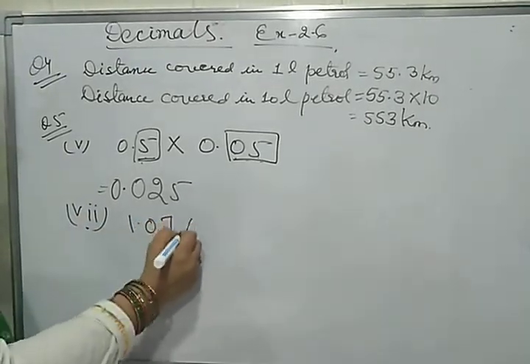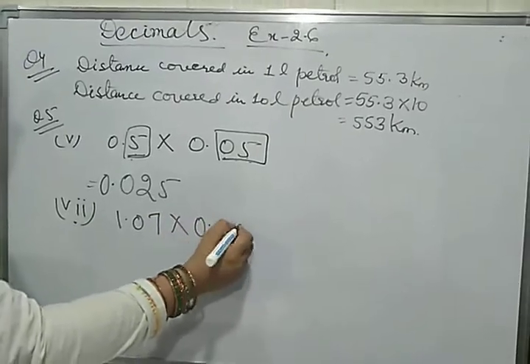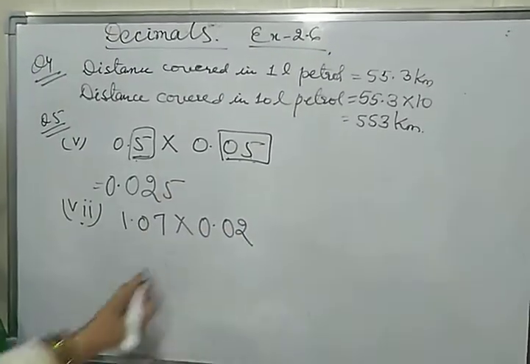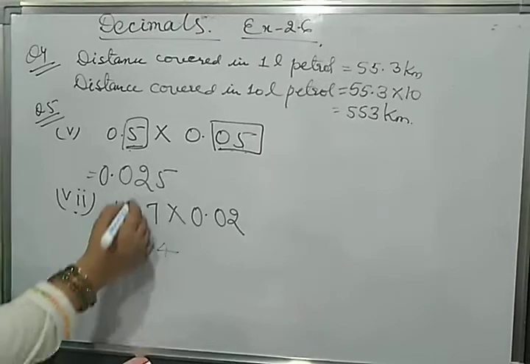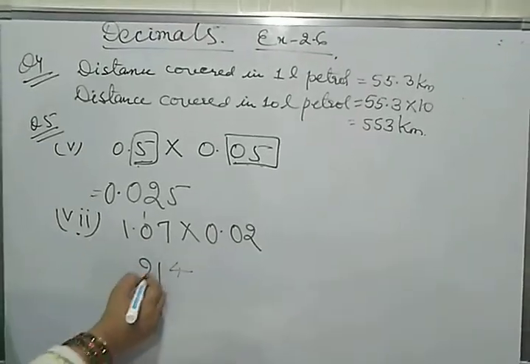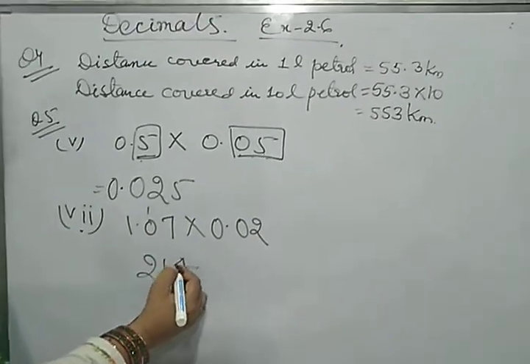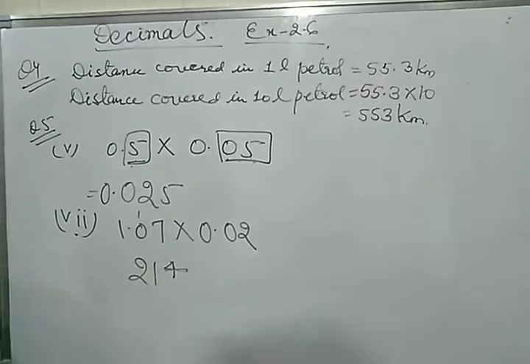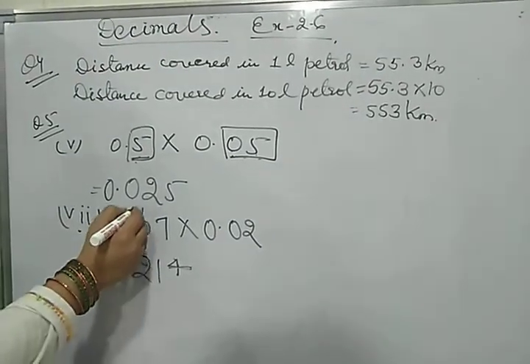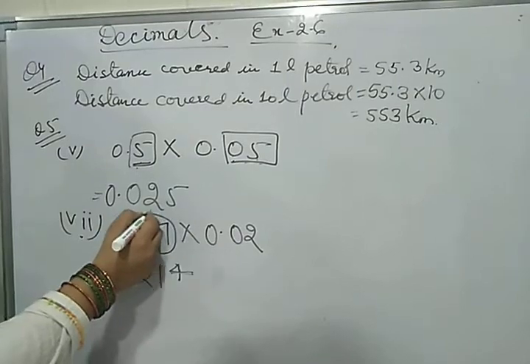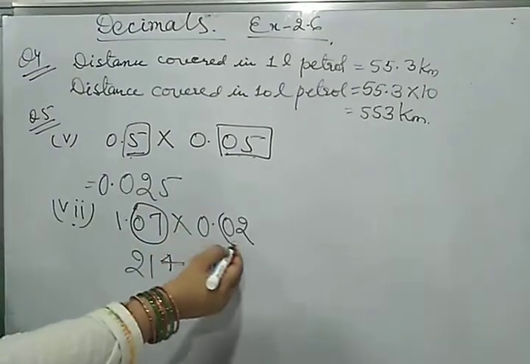Next, 1.07 multiplied by 0.02. 7 2s are 14, 1 carry, 2 1s are 2. 107 multiplied by 2 is 214. Now we will see the number of digits after decimal in the question. 1, 2, 1, 2.